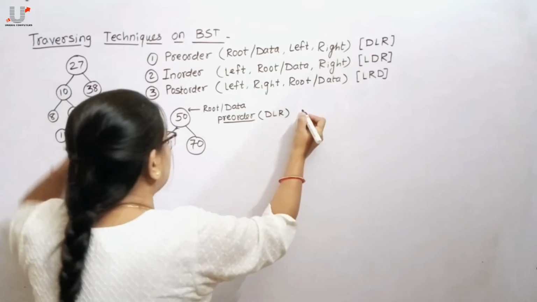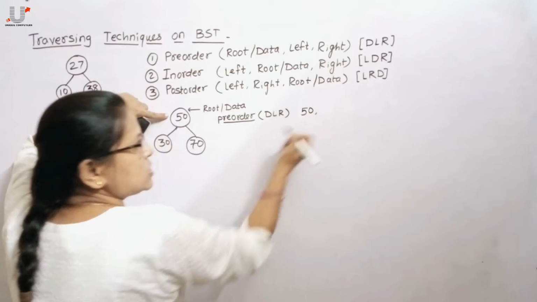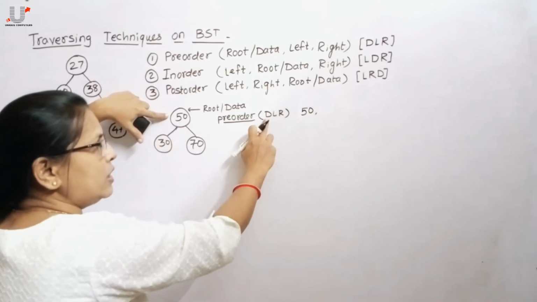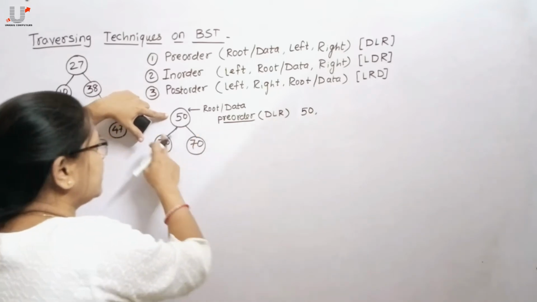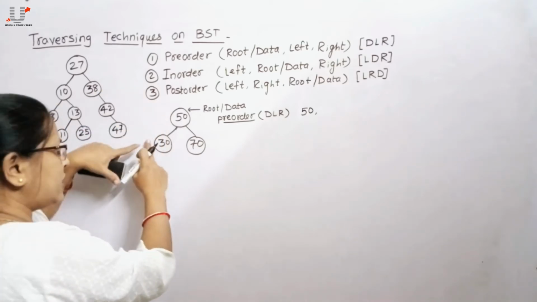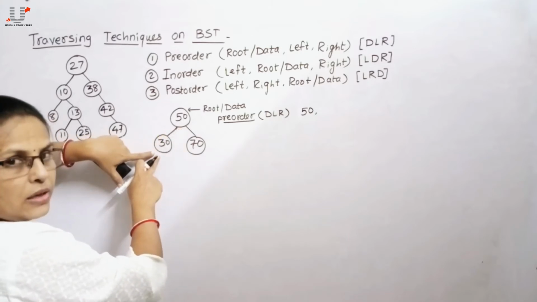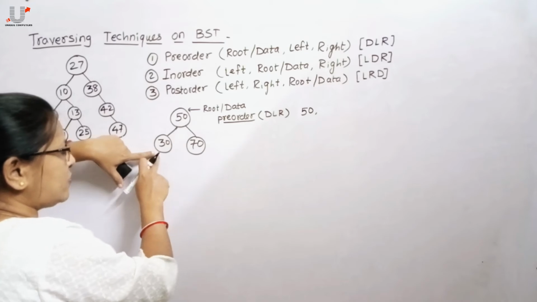So here it applies DLR for this 50, that means 50 itself gets processed. Then after D it will move to its left subtree. It checks whether there is any unprocessed left subtree for node 50. Yes, there is 30, so the control transfers to 30.